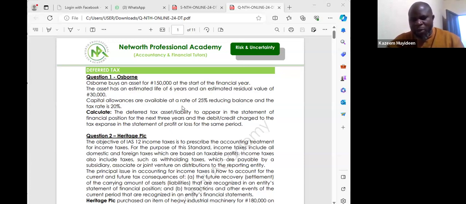Capital allowances are available at the rate of 25%, reducing balance method, and the tax rate is 20%. Calculate deferred tax asset or liability to apply in the statement of financial position for the next 3 years, and the debit and credit charge to the tax expense in the statement of profit or loss for the same period.